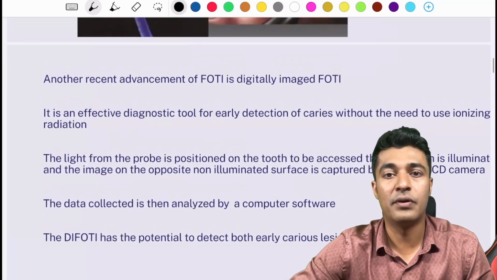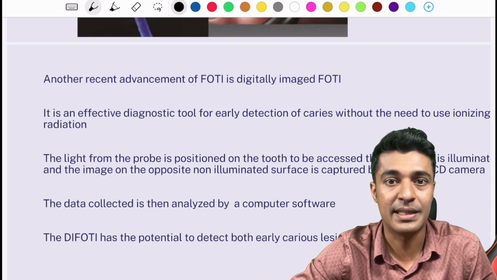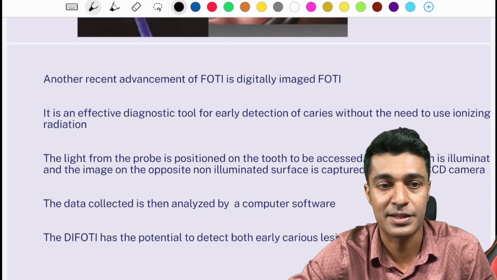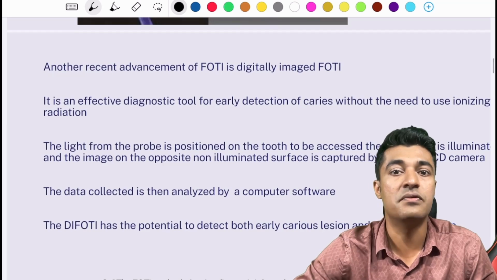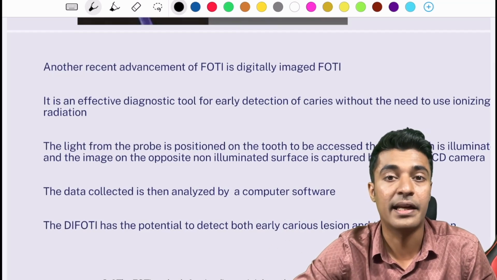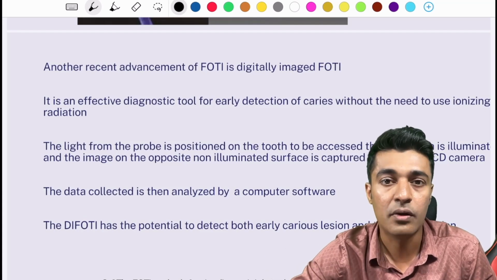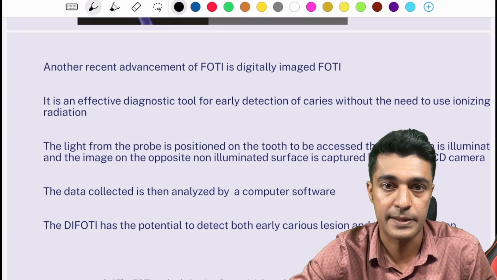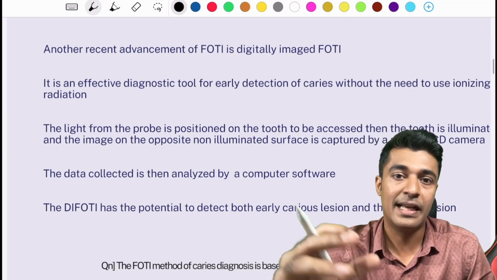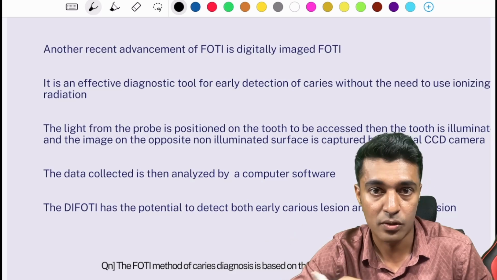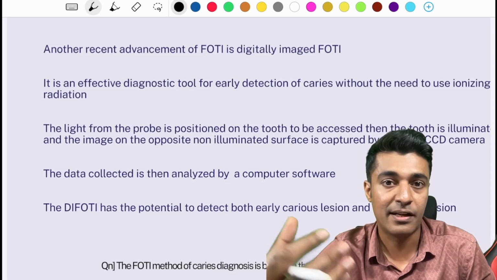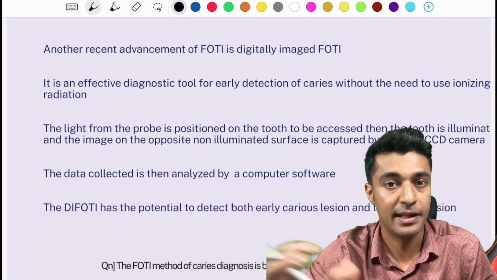Another recent advancement of fiber optic transillumination is the digital image fiber optic transillumination. It is an effective tool for the early diagnosis of dental caries and assessing its progression without the need for ionizing radiations. So the light from the probe is positioned on the tooth to be examined, and the reflected light is collected by another probe.